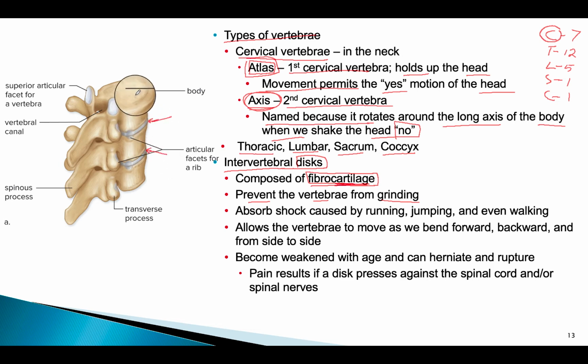This is a vertebra, this is another vertebra, and then another. As you can see, three vertebrae are sandwiching this intervertebral disc, and the discs prevent the grinding of one vertebra against the next.